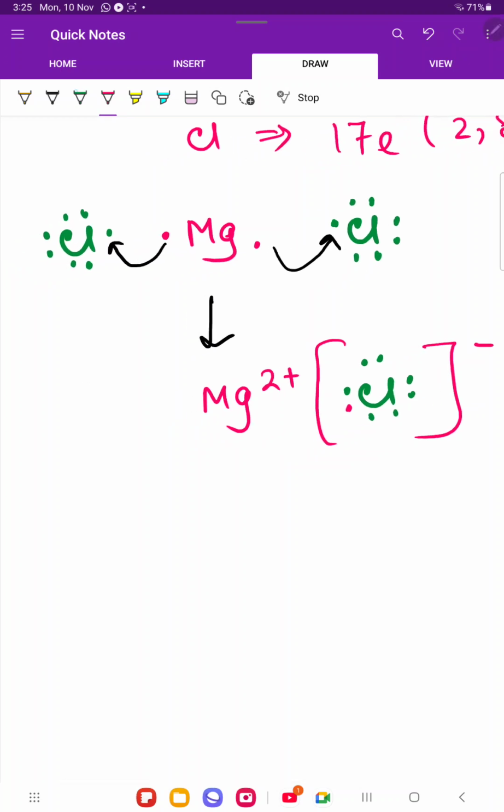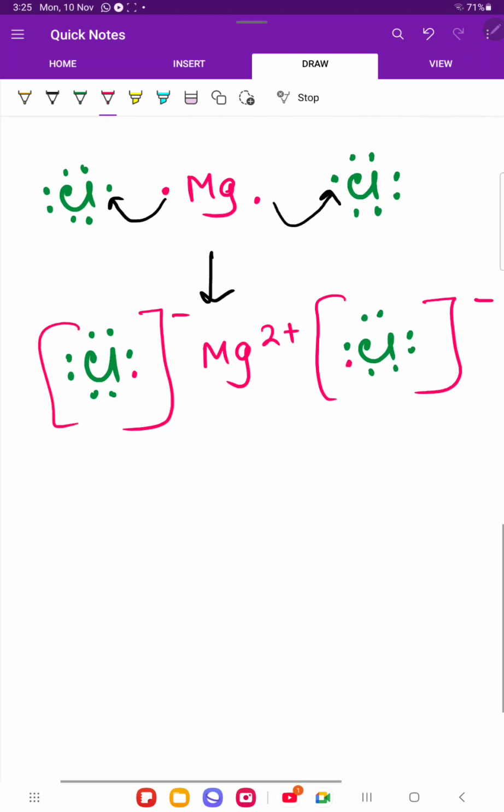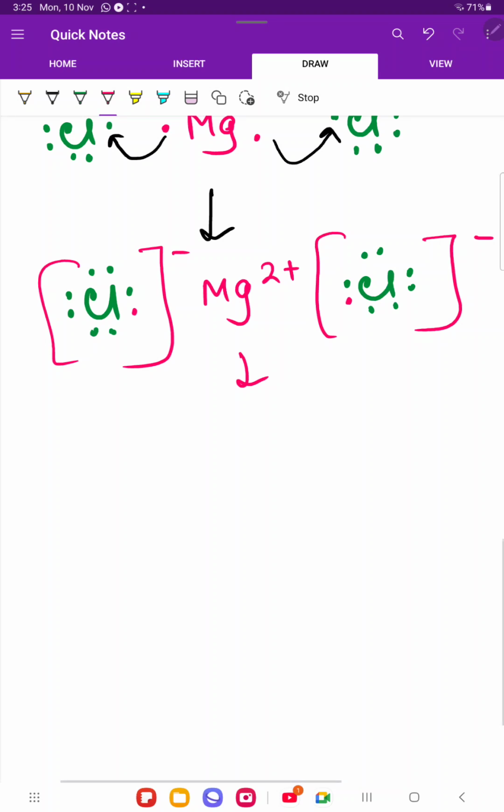On the other side also, similarly, the other chlorine atom had 7 electrons previously, and now it got another electron to get the 8-electron configuration, and finally it has the negative charge. Now this magnesium can make an ionic bond with these 2 chlorine atoms.